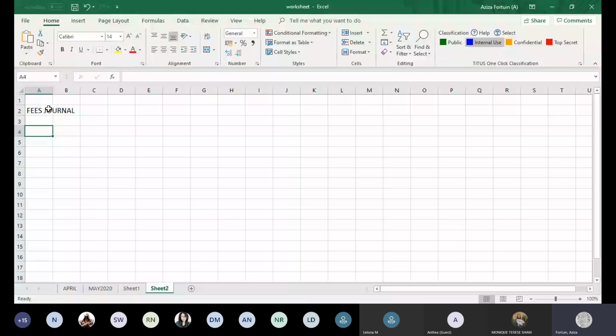So now we know we need to have a VAT account. Your fees journal will look something like this. It will have fees. It will have a column for VAT. And it will have a column for your client control. Then it will have a detail column. And then it will have your date.